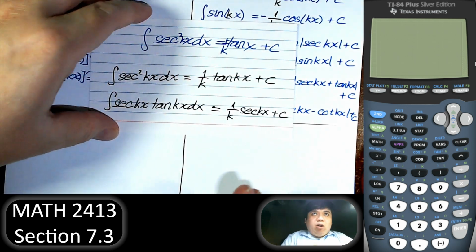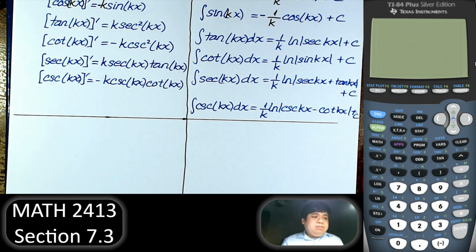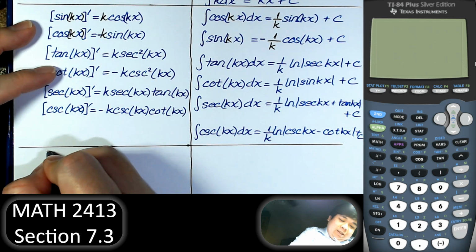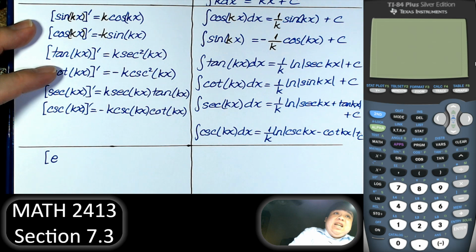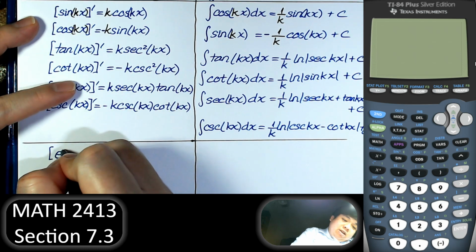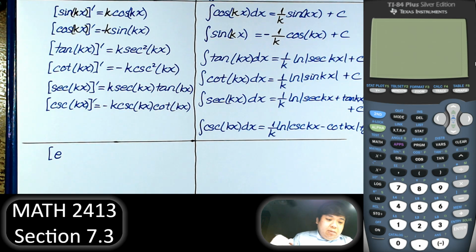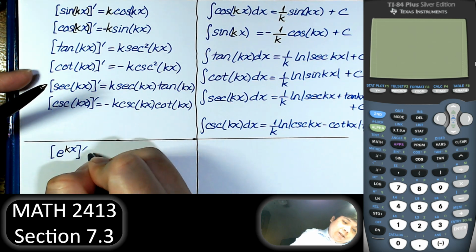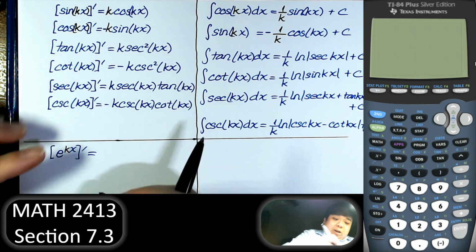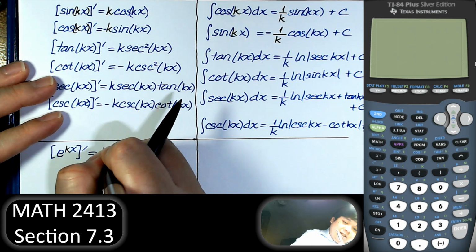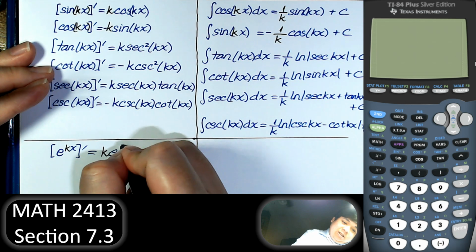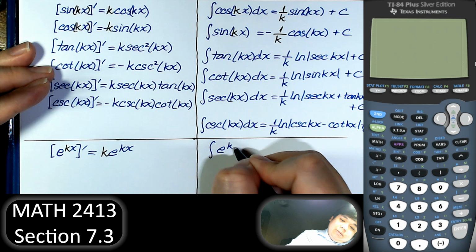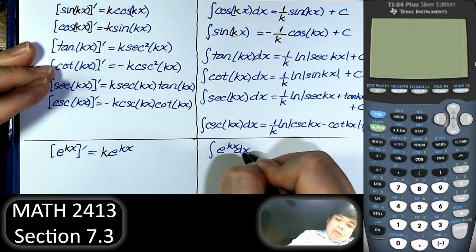Yeah, but I'm not going to write those here. Right, exponential function. e to the x is still e to the x, but now let's put a k there. Derivative, we just multiply by that constant. In integral, we will divide.